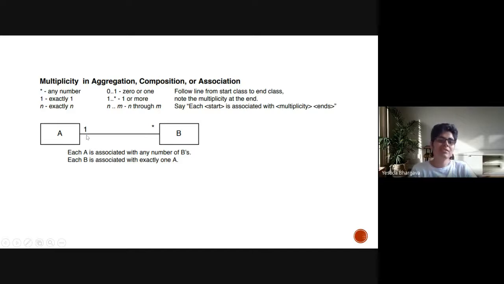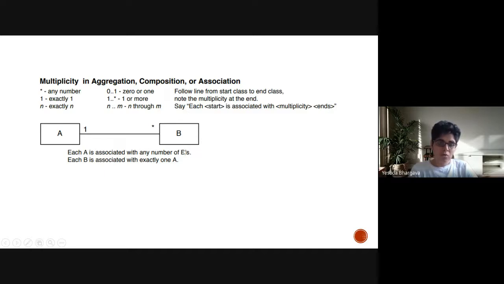The way you read the multiplicity is, if you have this sort of diagram, you would say that each A is associated with any number of B. So you say each, and then wherever you start from is associated with the multiplicity value at the other end and the name of the end. If an instance of class A is created, it would be associated with any number of B's.